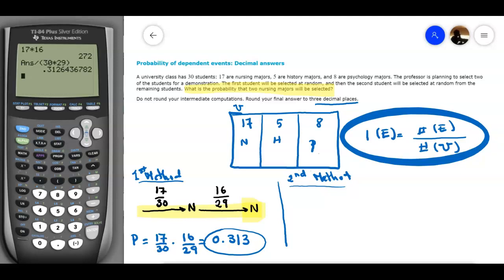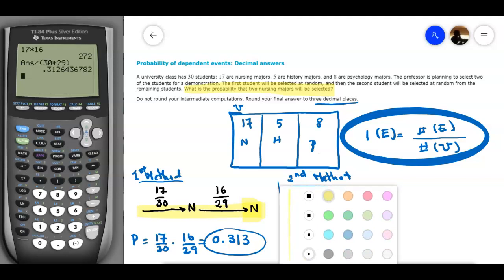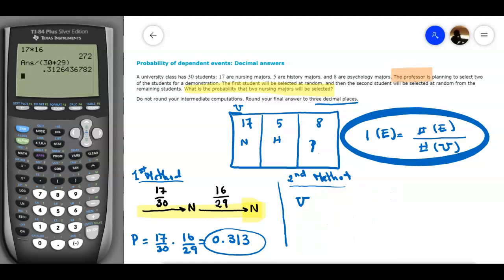Now I want to know what is my universal set. Let me try to highlight my universal set in the text. So the professor is planning to select 2 of the students for demonstration. So this is my universal set.